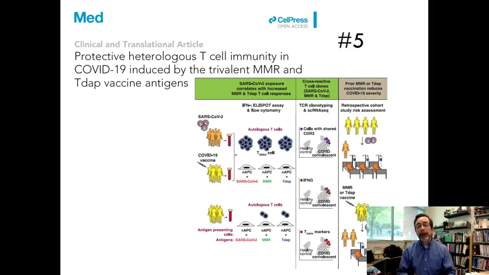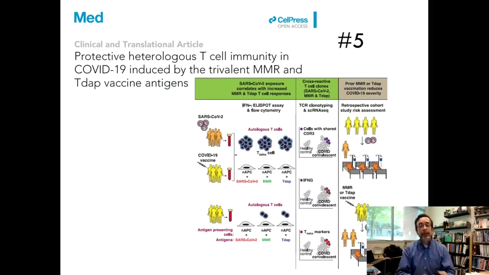if you get the MMR vaccine and or the Tdap vaccine, those antigens have some structural similarities with COVID-19 causing disease, with the SARS-CoV-2. And so that means that if you're immunized for MMR, you could have some T cells that will actually react and some immunity that will actually protect.